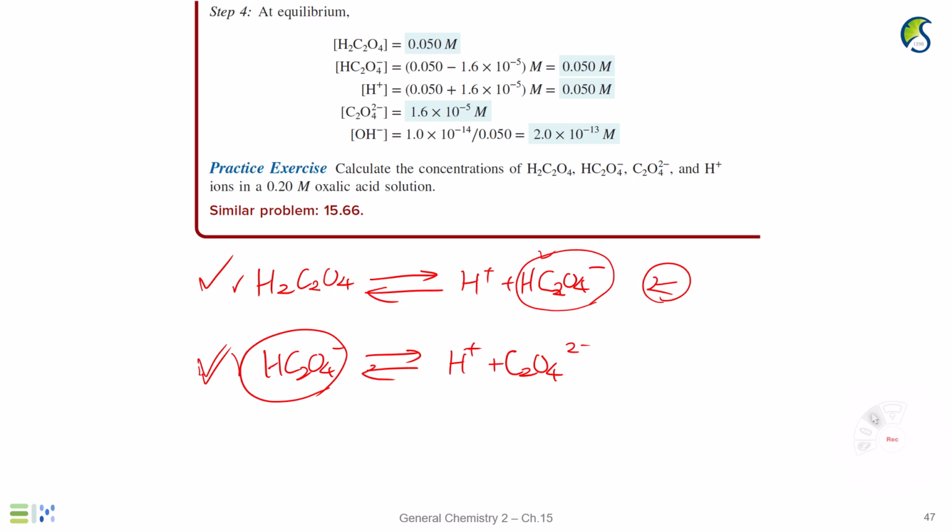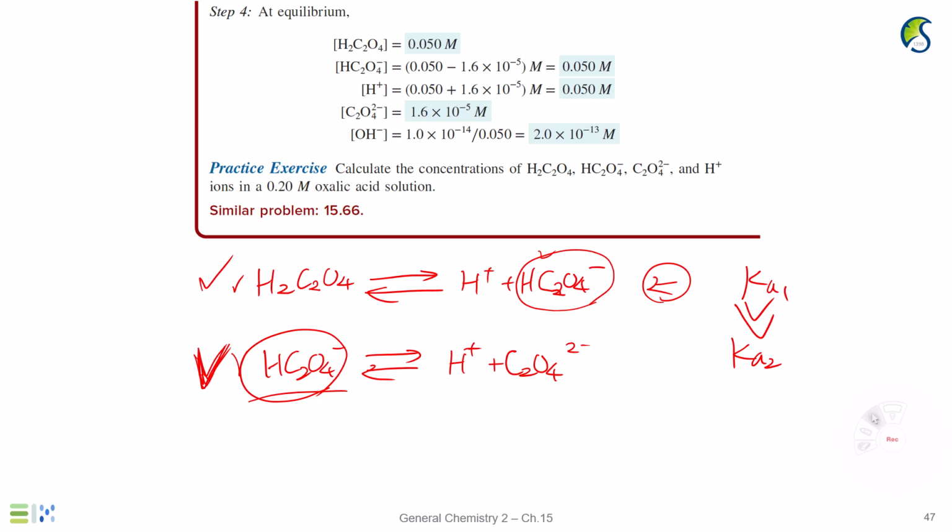But the reason this works is that they have very different Ka values. So Ka1 is much larger than Ka2. So even though from the second reaction you slightly decrease the concentration of HC2O4 minus, that's very small.